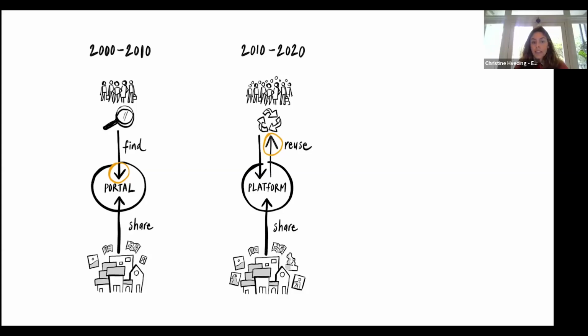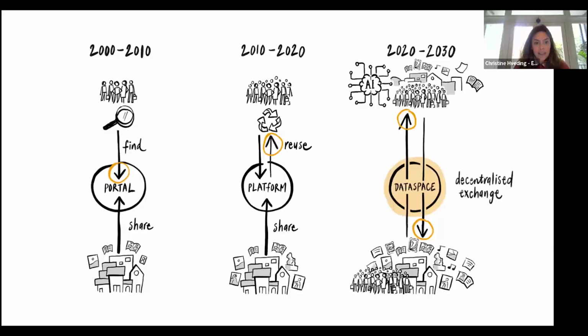And today we're entering a new era, which is the data space era. Here, the data is no longer something that we just find or reuse, but it aims to be a participatory environment where users take an active role. The aim is that we're no longer just visiting or using, but actually participating.